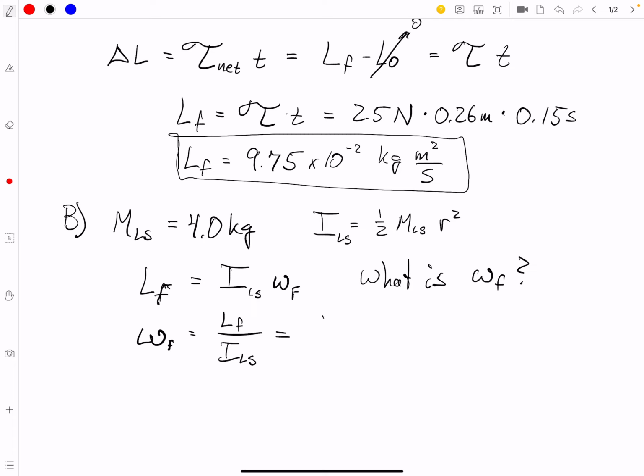Let's plug it all in. 9.75 times 10 to the minus 2 kilogram meters squared per second, and we're going to divide that by this guy right here. We didn't figure out what that was.